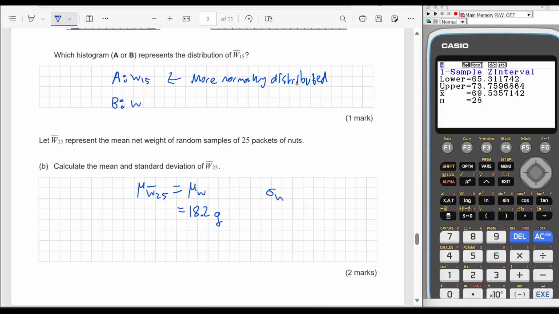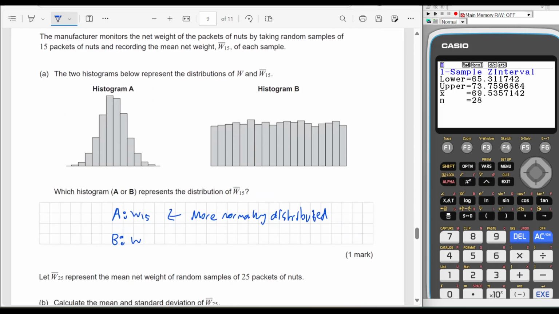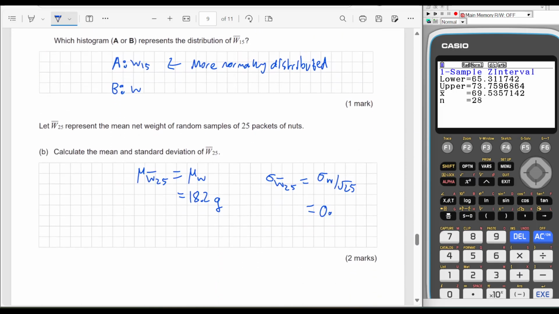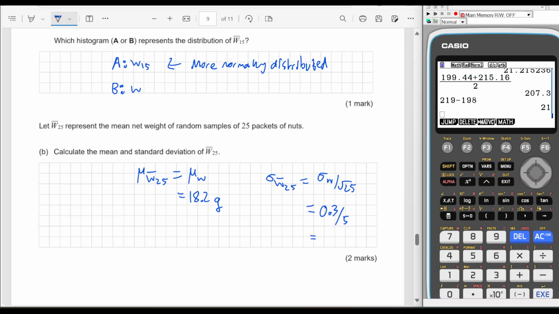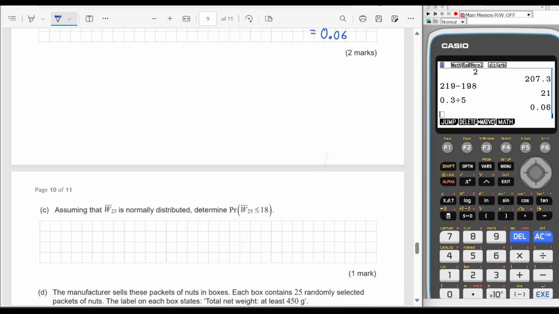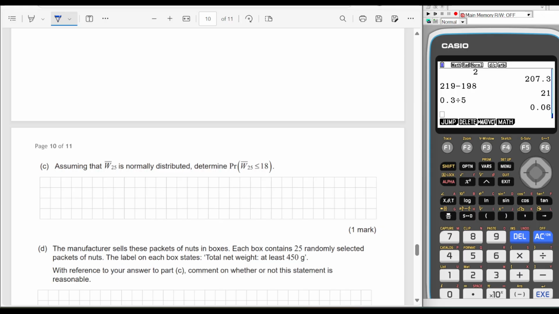And the standard deviation of W bar 25 is the standard deviation of W over root 25. So this is 0.3 over, and then root 25 is 5. So let's work that out. 0.06. Cool. Assuming W25 is normally distributed.